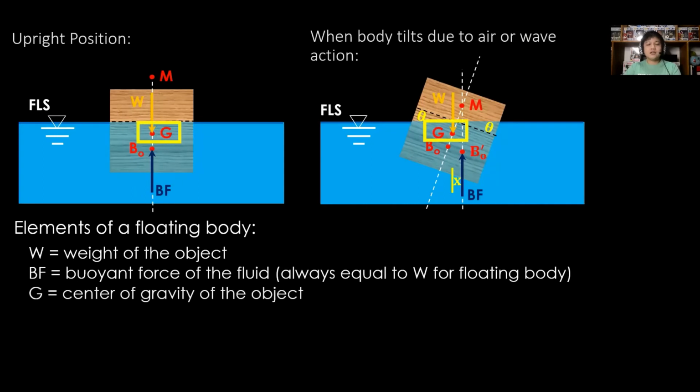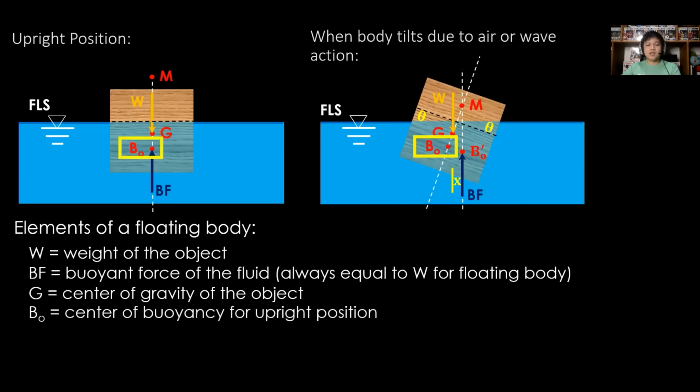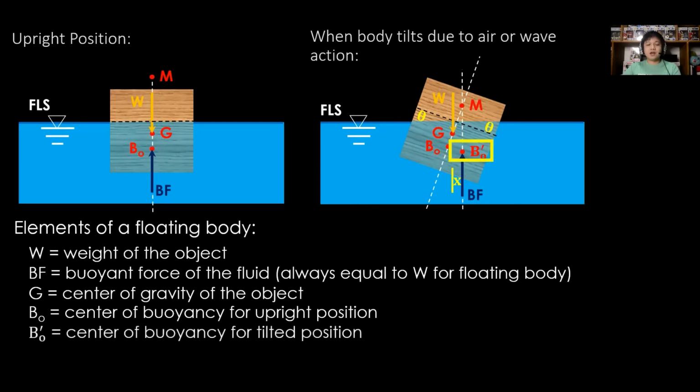Next is G, the center of gravity. Then B sub O, the center of buoyancy for upright position. And we have BO prime for the center of buoyancy for tilted position.